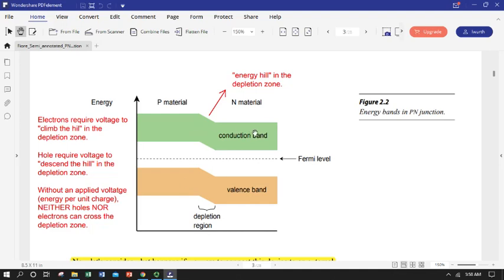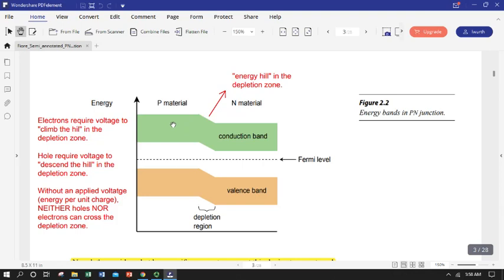We've created a voltage barrier, a voltage hill, that an electron moving through the conduction band or a hole moving through the valence band has to jump. So you can have all kinds of cool conductors and charge carriers, but they can't get over this hill. And remember, electrons need energy to climb the hill, holes need energy to descend the hill.